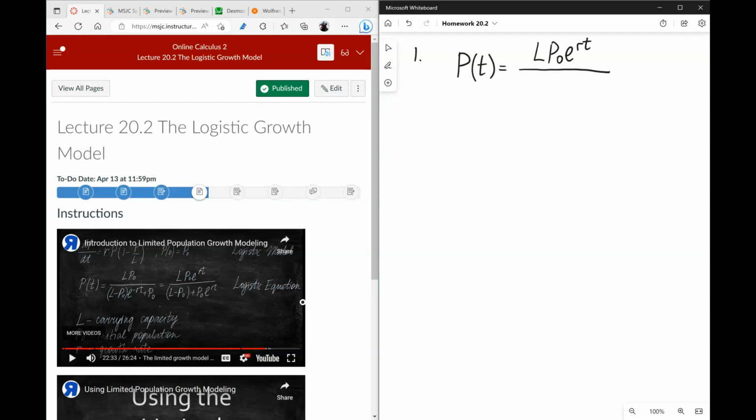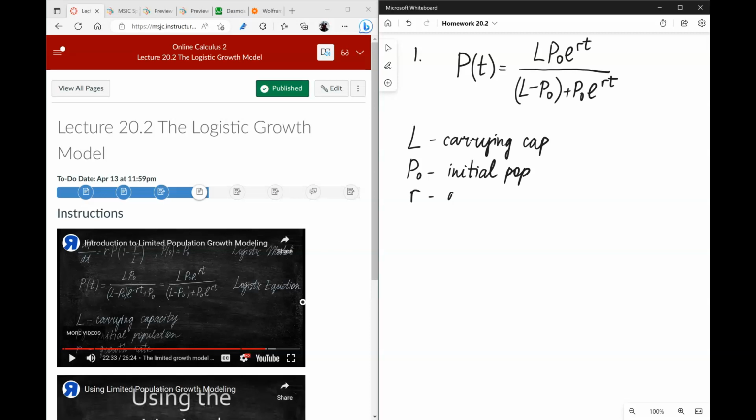This part is almost the same as the unlimited growth, but then we also have this part. Here L is the carrying capacity, so that's the largest the population can be. P0 is the initial population, and R is the growth rate.